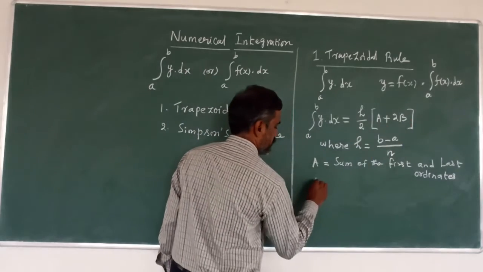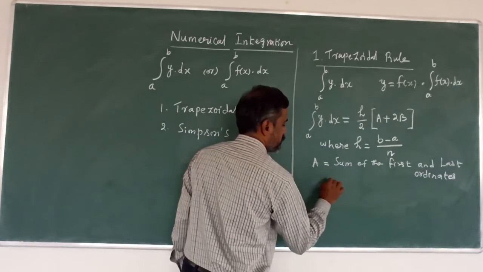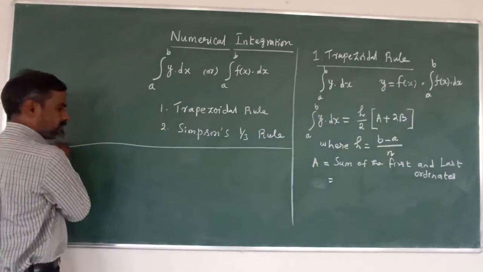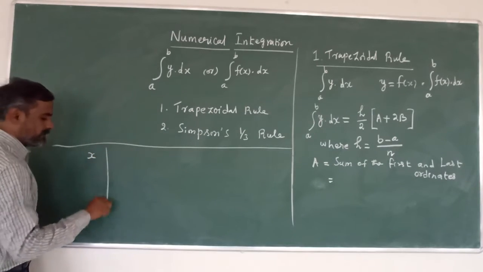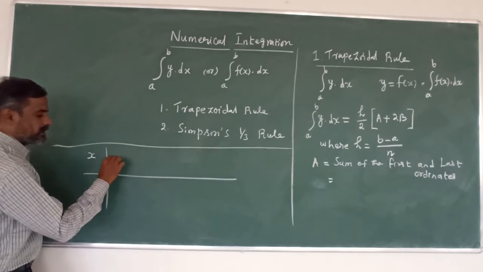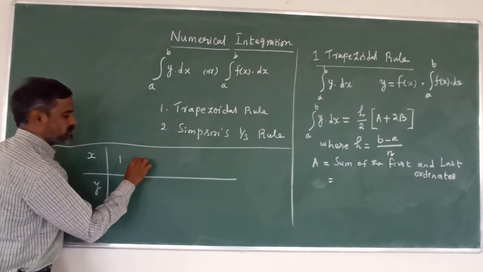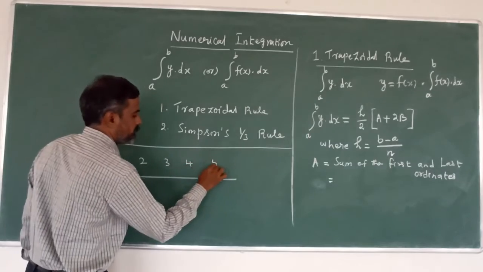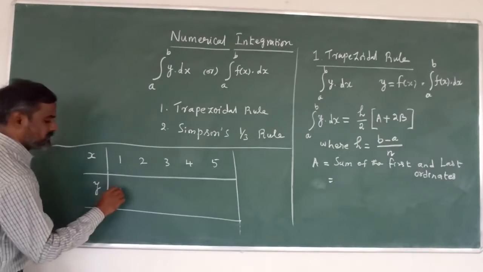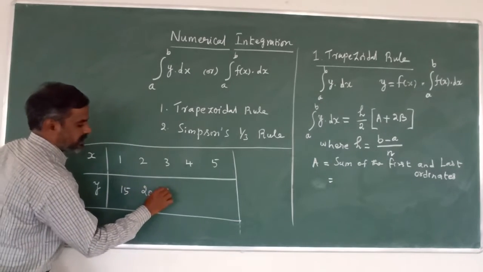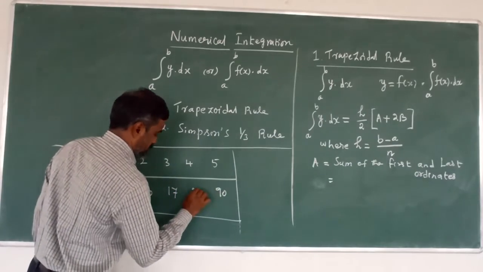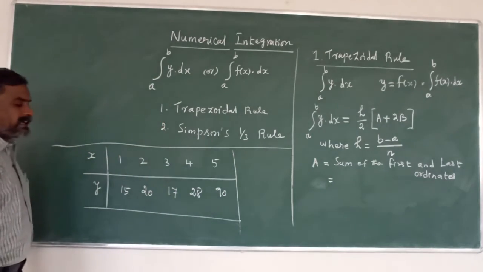Here the sum of the first and last ordinates means the given x values and corresponding y values. Suppose x is 1, 2, 3, 4, 5 and the corresponding y values are 15, 20, 17, 90 and 28.